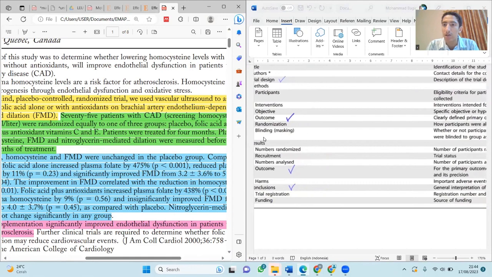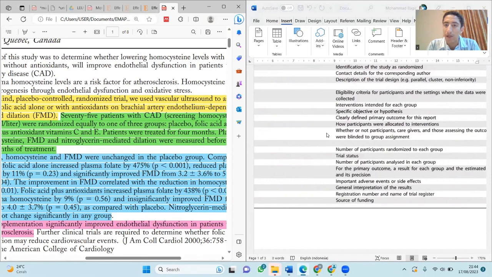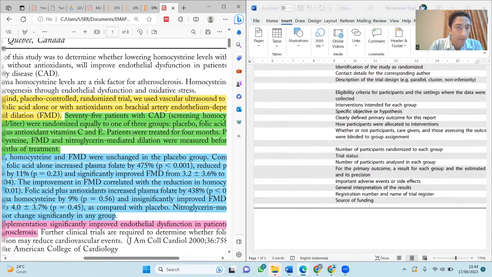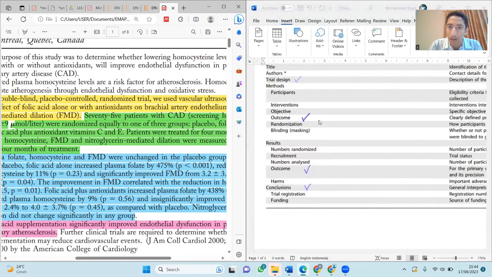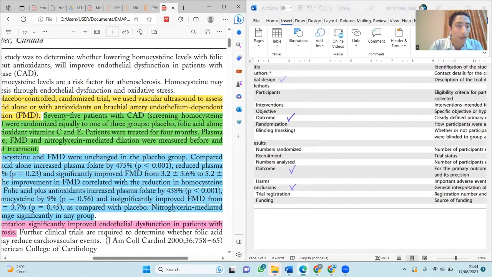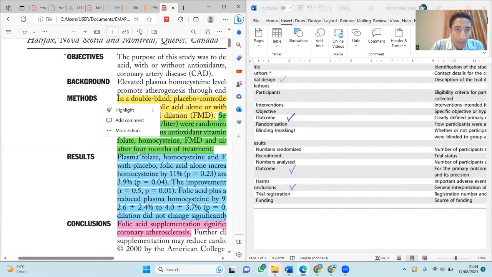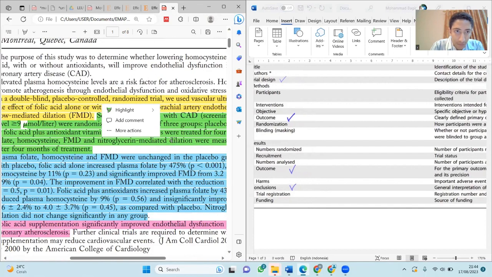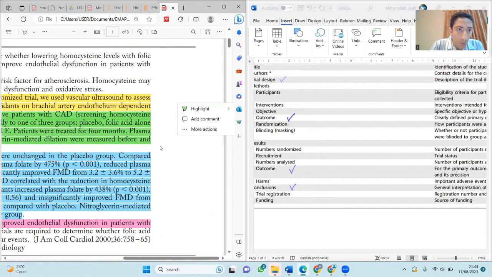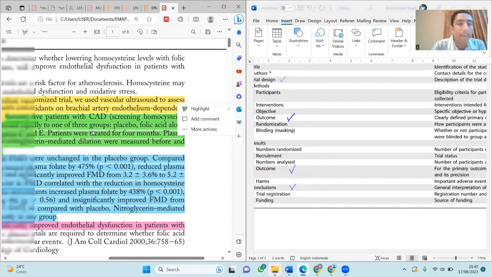And the outcome: clearly defined primary outcome for this report. In this article we cannot find it, sorry, we can find the outcome, this one. Patients were treated for 4 months.